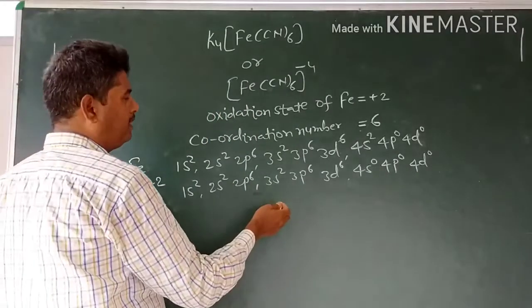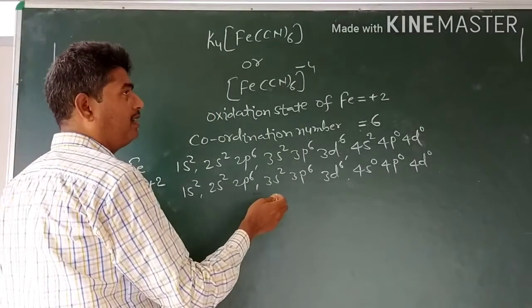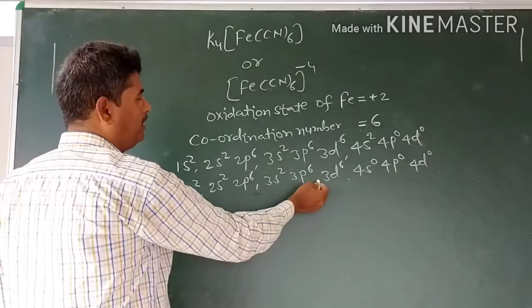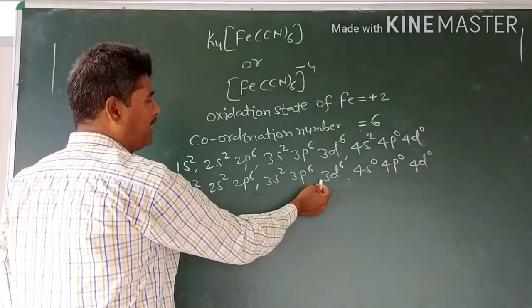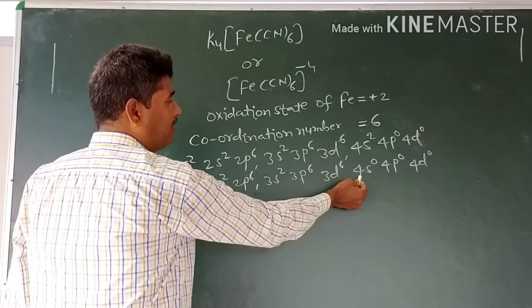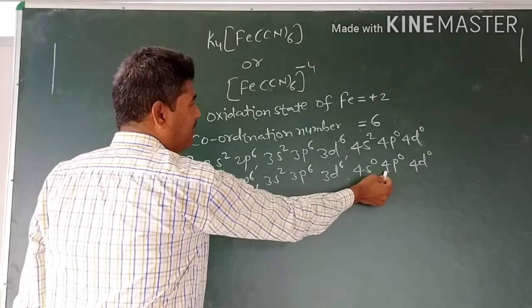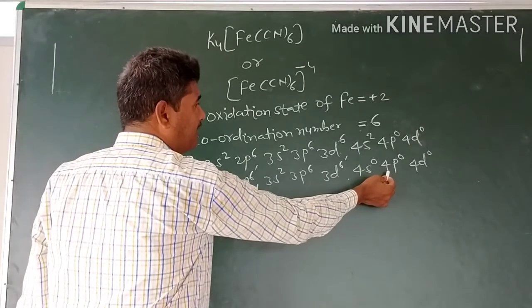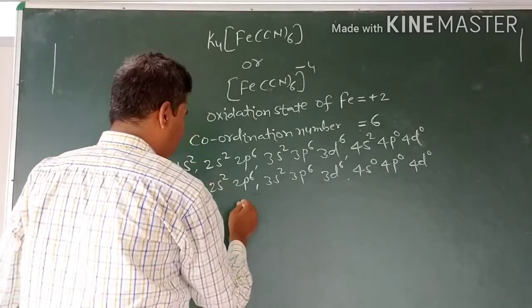The d orbital is of the 5 types, so we will make 5 blocks for d, 1 block for s, and p orbitals are of 3 types, so we will make 3 blocks for p.